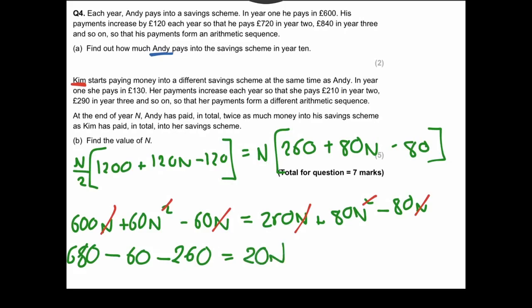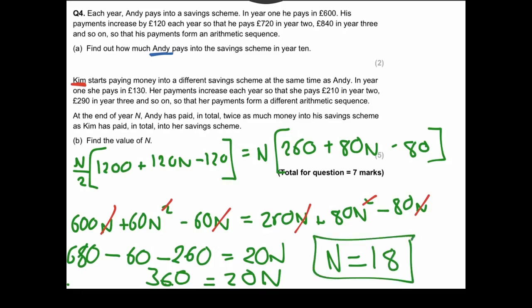So 680, take 60, take 260. So 360 is 20n. So I make it n equals 18 when I solve that. So in the 18th year, Andy has in total twice the amount that Kim has. Cool, that's that one done.